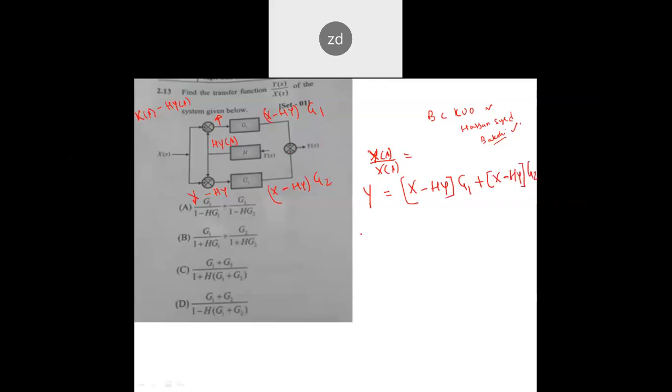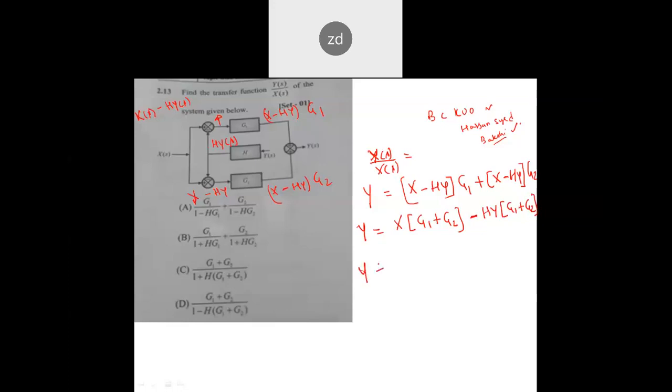Now separate these terms in terms of X and Y. X can be separated and written as X(G1 plus G2), and similarly here HY can be taken outside, minus HY(G1 plus G2), which further can be taken to this side.